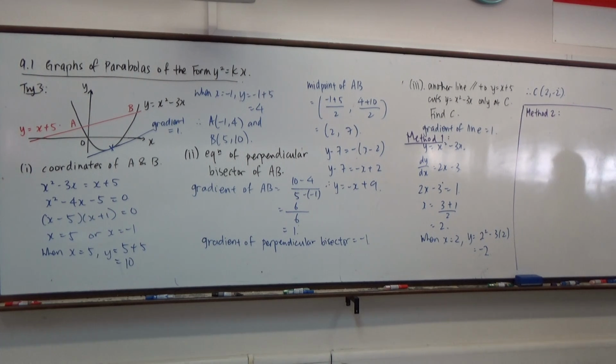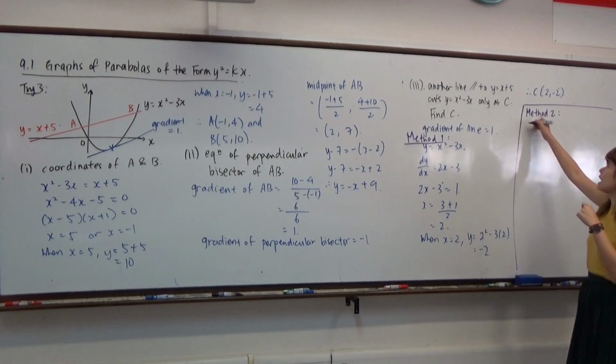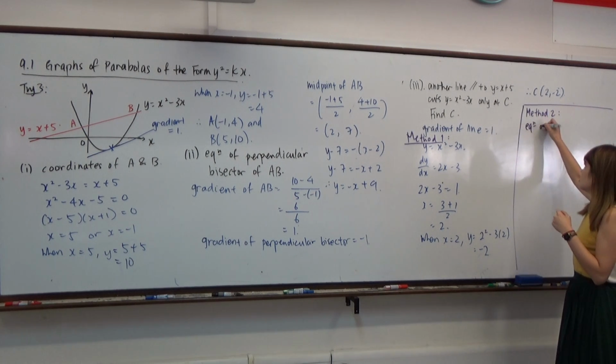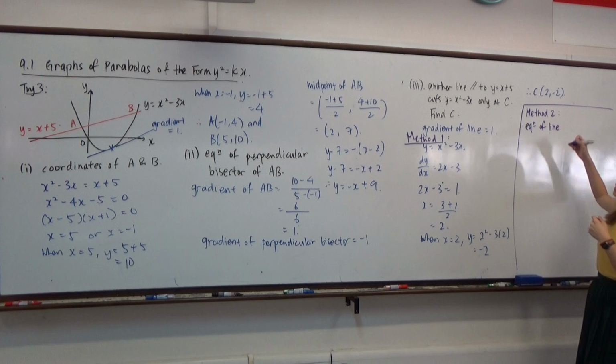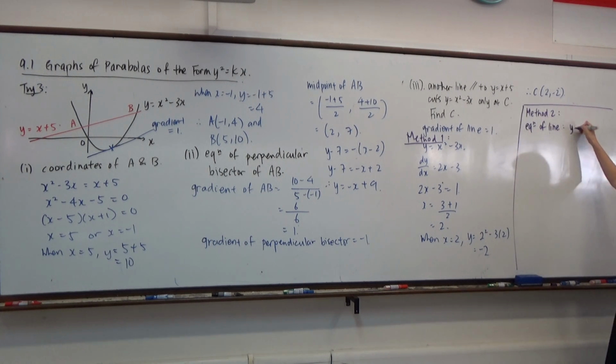We know that the gradient of the line is 1. Can we form the equation of the line first? The equation of the line will be y equals x plus c, for some constant c. We do not know the coordinates yet, but we know this line will definitely intersect with the curve.